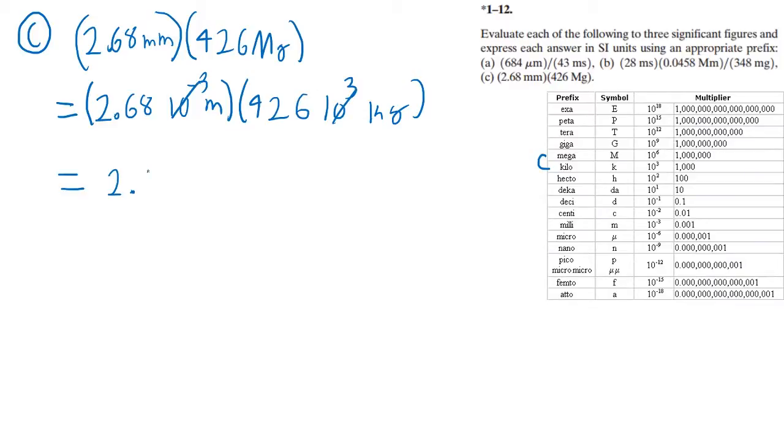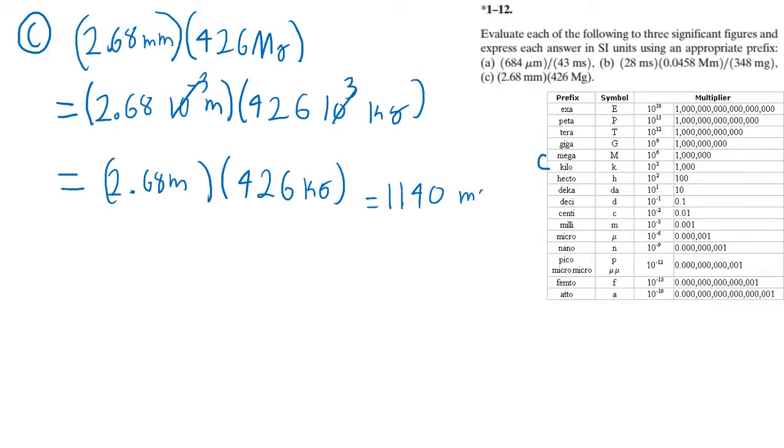So we get 2.68 meters, and I'll show you why I was a little questionable there. And 426 kilograms. Then these are going to multiply, and they're going to come out to be 1140 meters times kilograms. The way the answer key does this is why I'm a little delayed on this one.